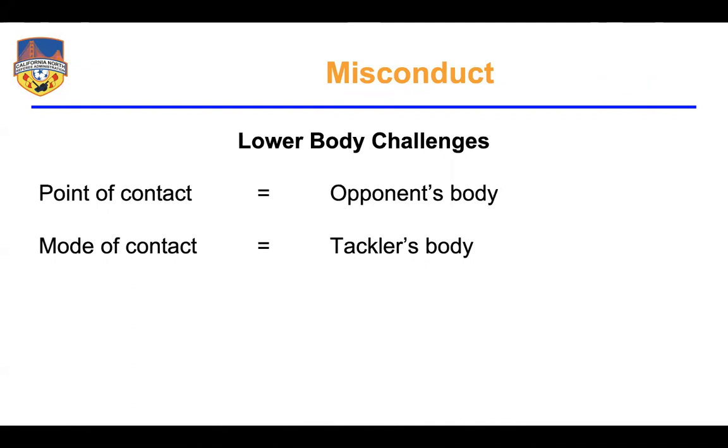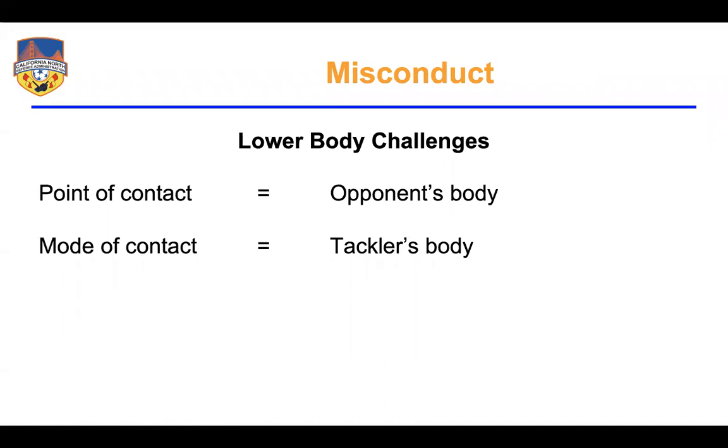So again, the humorous analogy I like to use is if I punch somebody in the face, the point of contact would be that person's face. The mode of contact would be my fist. The point of contact being where on the body the person suffered the contact, the mode being what I used to commit that foul.